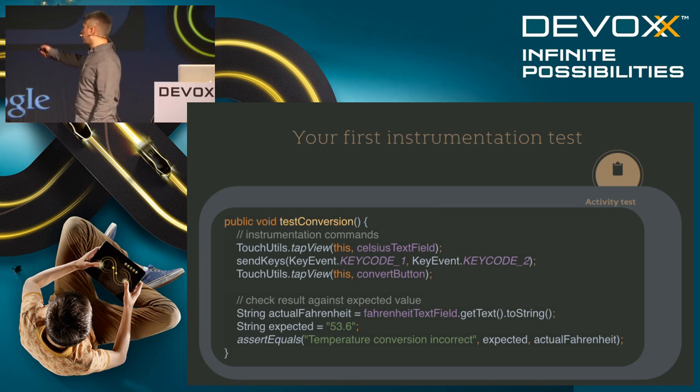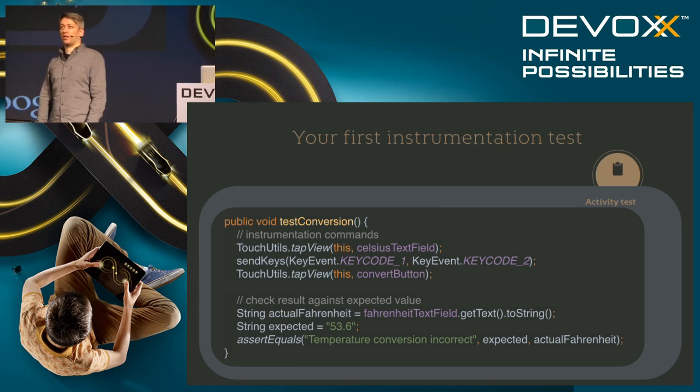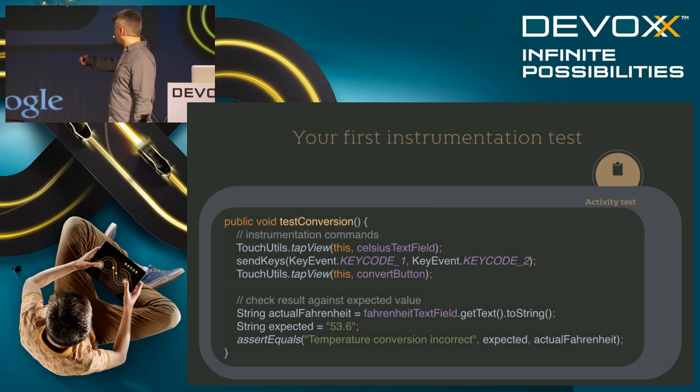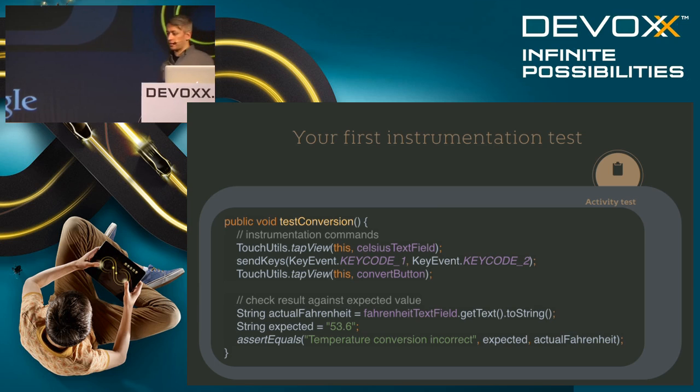I know what it should be. I know what the Fahrenheit equivalent is of 12 degrees Celsius. And then I do my assertion. So the actual end result should be equal to what I expect it to be. So this could be my first test for my temperature conversion app.